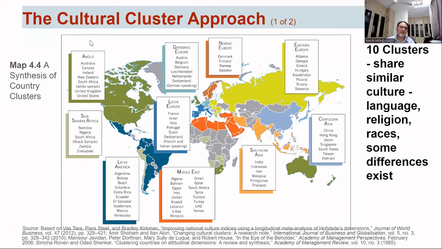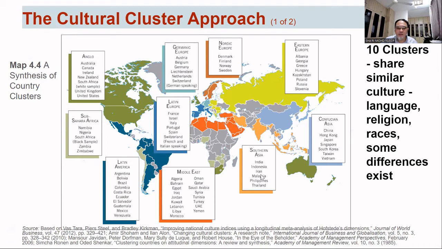Another way is the cultural cluster approach. Someone has synthesized country cultures into clusters. There are 10 clusters which approximately share similar culture, such as language and religion. That's why these are grouped together. Confucian Asia: China, Hong Kong, Japan, Singapore.